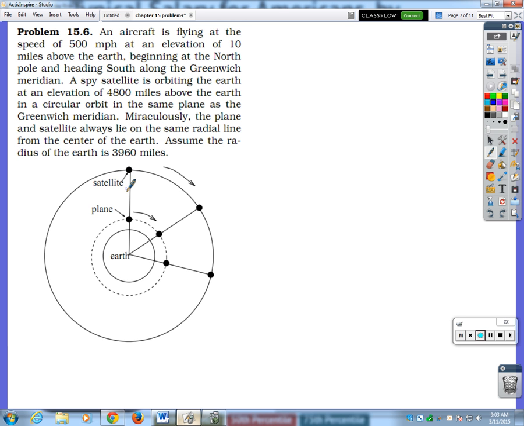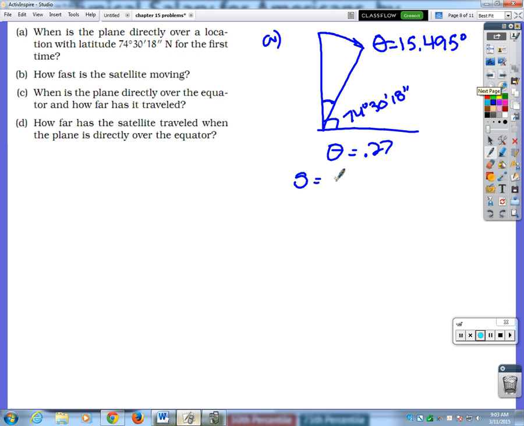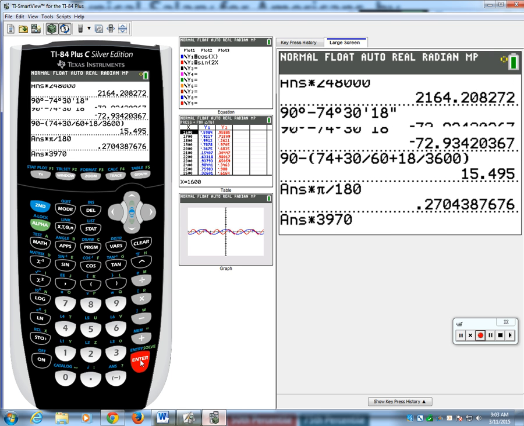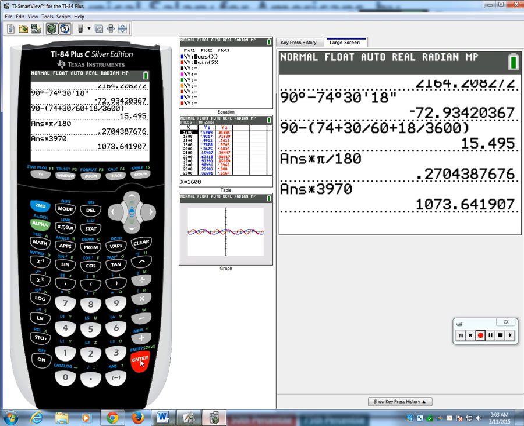So what do I use for R? 3,970. So I need to go 3,970 times 0.27. So that tells you the arc length is about 1,073 miles.